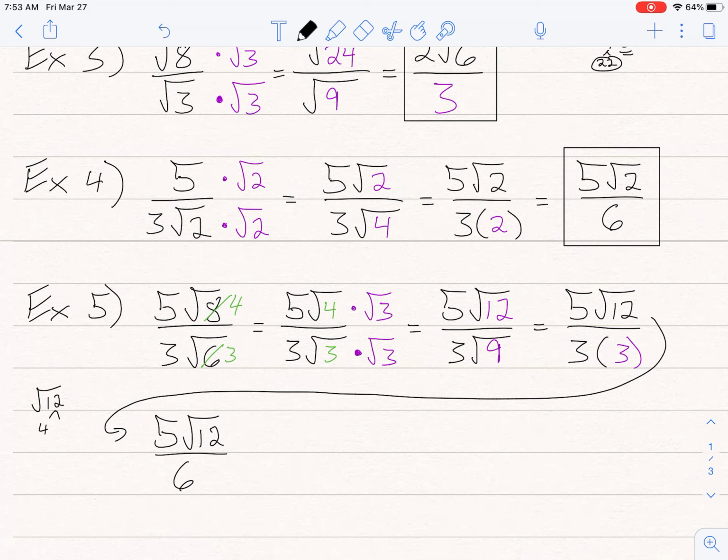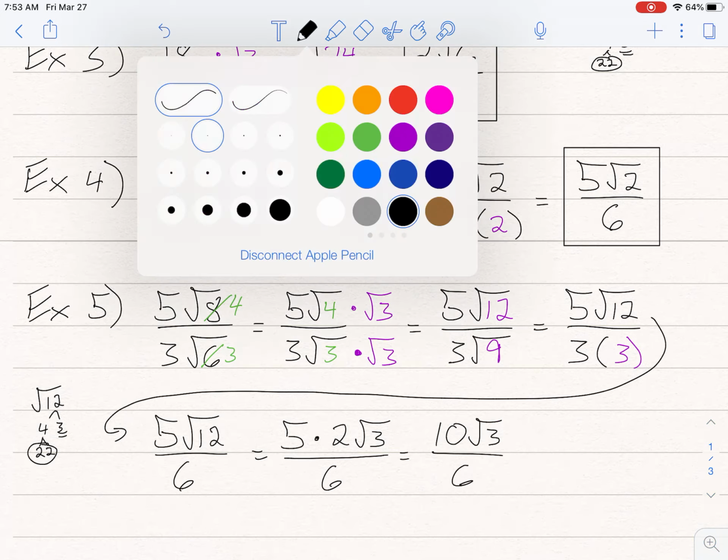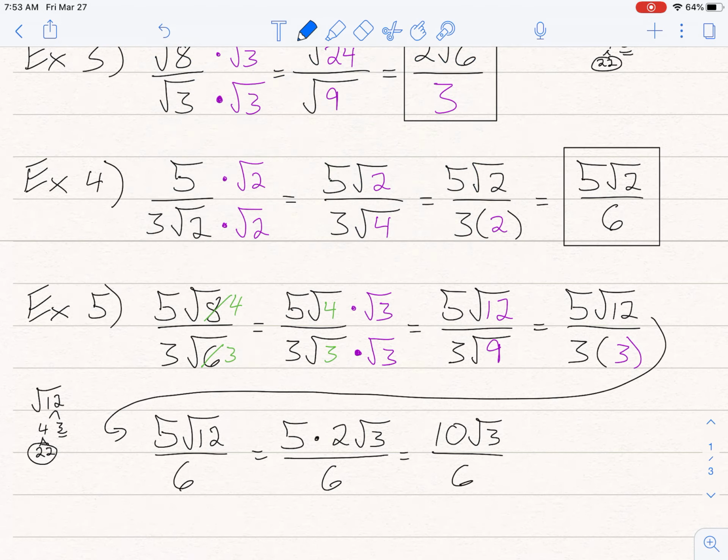So square root of 12, that's 4 and 3, which is 2 and 2. So there's my pair, left over 3. So this becomes 5 times 2 square root of 3 over 6, which is 10 square root of 3 over 6. And then, I know, one last step. 10 and 6, those would cancel out.